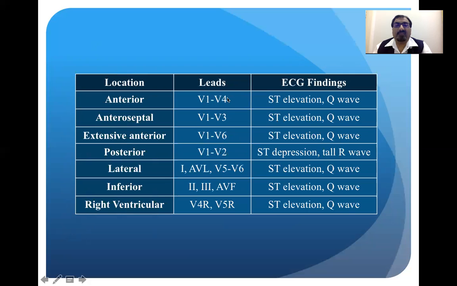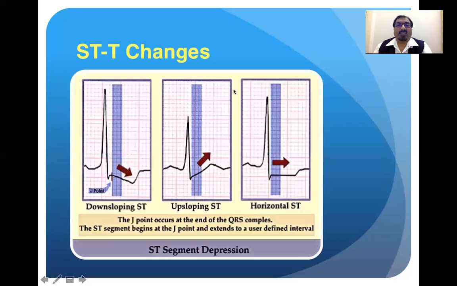Anterior wall involves V1 to V4, anteroseptal V1 to V3, extensive anterior V1 to V6, posterior wall V1, V2, and lead 1, AVL, V5, V6 is the anterolateral involvement, inferior wall is 2, 3, AVF, and right ventricle is V4R and V5R. A few of these things you may need to remember.